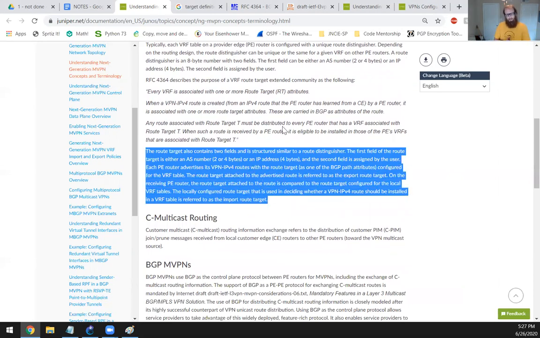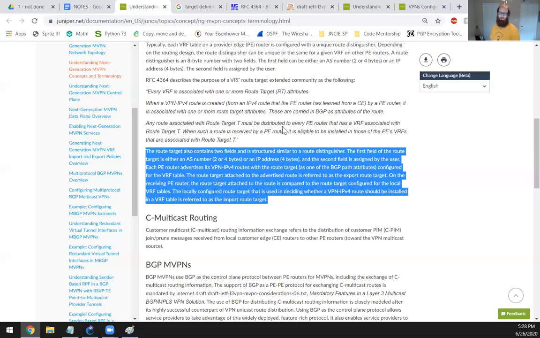The route target also contains two fields and is structured similar to a route distinguisher. The first field of the route target is either an AS, 2 or 4 bytes. That's not true. The first field is TARGET. Or an IP address, 4 bytes. And the second field is assigned by the user. Each PE router advertises its VPN-IPv4 routes with the route target as one of the BGP path attributes.